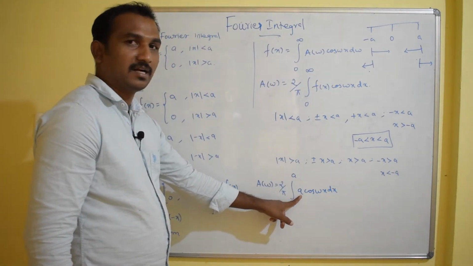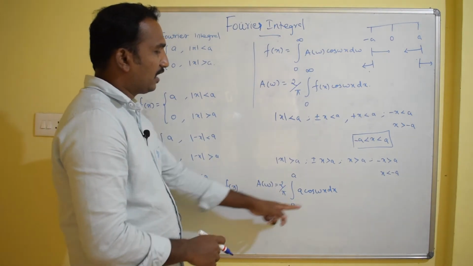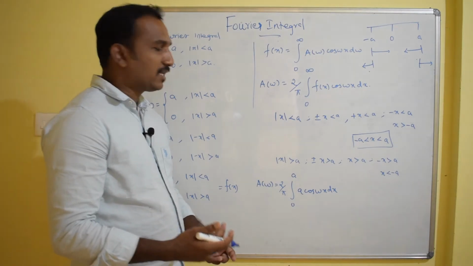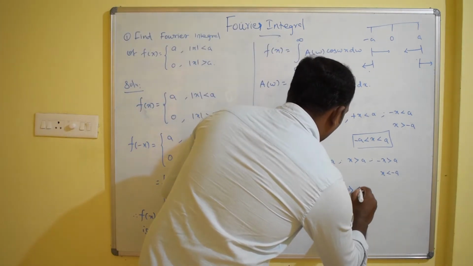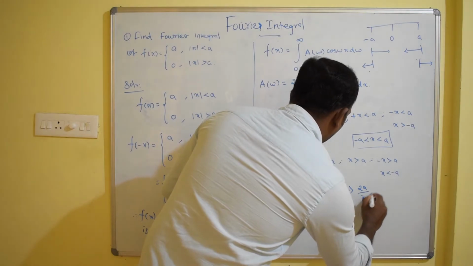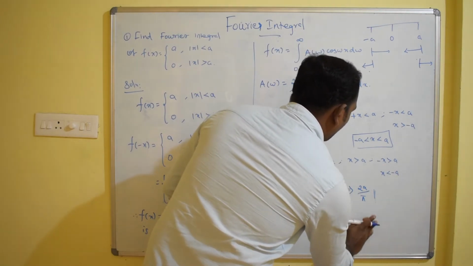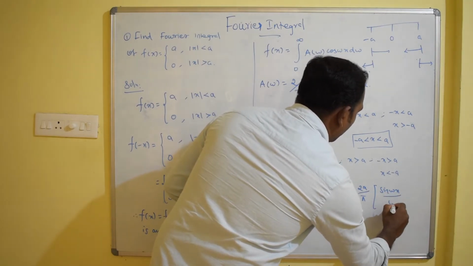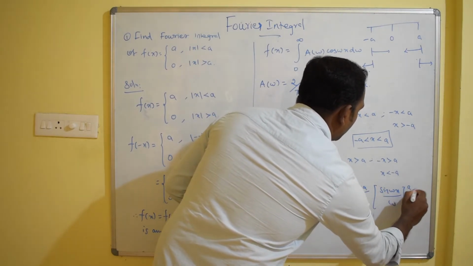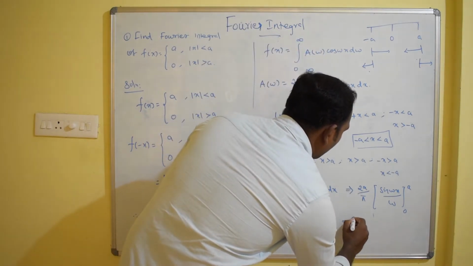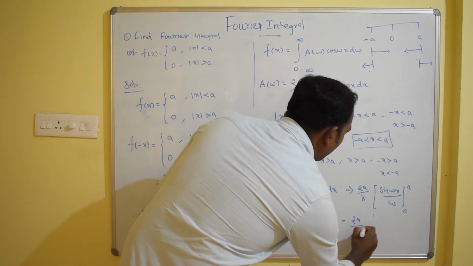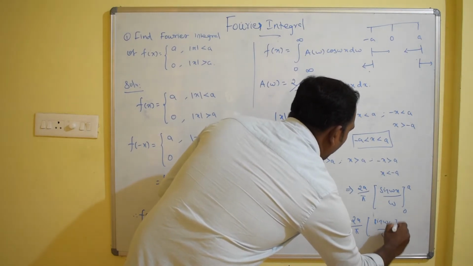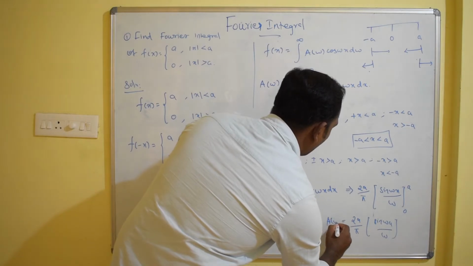Now a is a constant, so we take it out, and the integration of cos will become sin. So here we have 2a by pi times the integral of cos omega x, which becomes sin omega x divided by omega, with the limit varying from 0 to a. If you substitute that, you will get 2a by pi into sin omega a divided by omega. So this is the a of omega value.